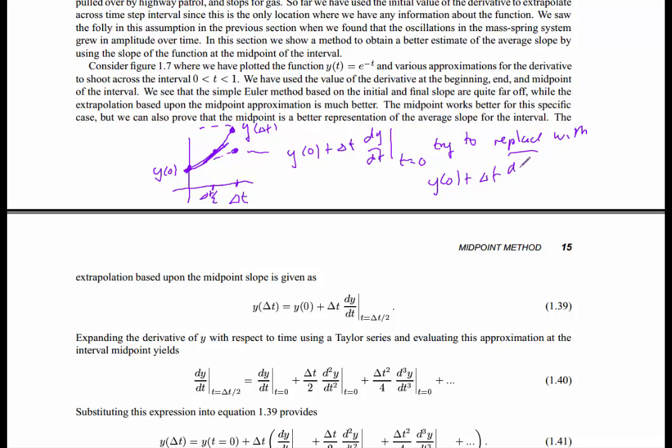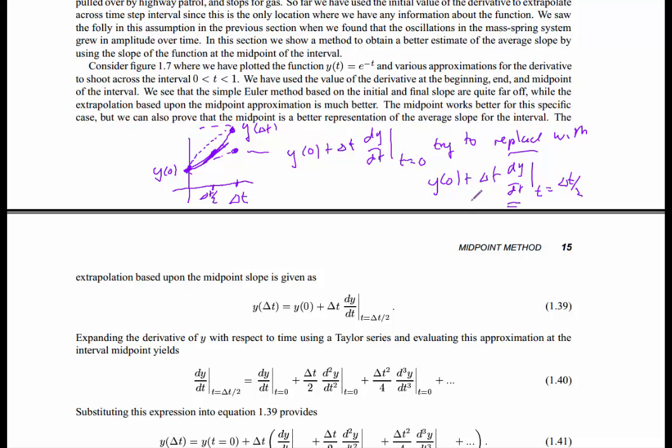What you'd like to do is take dy dt at t equals delta t over 2, because the slope at the midpoint is a much better approximation to the actual slope between y of 0 and y of delta t. Unfortunately, you don't know the derivative at the midpoint.